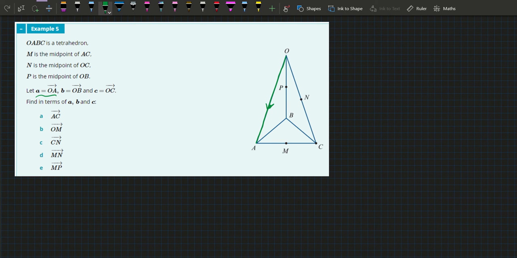Direction is just as important. B is O to B, the pink one. And yellow is O to C.